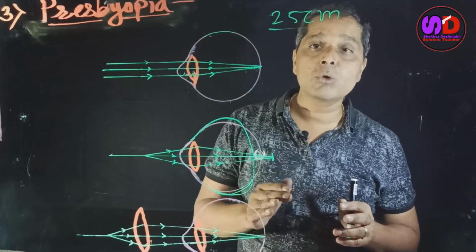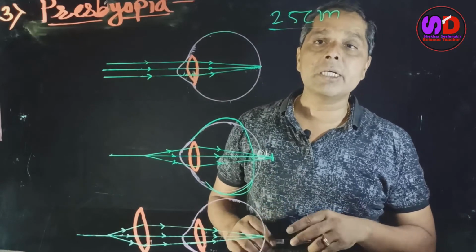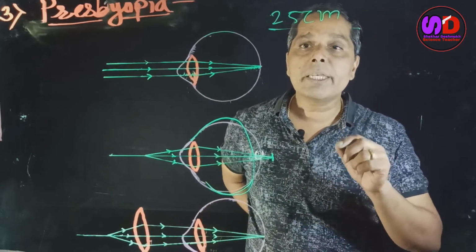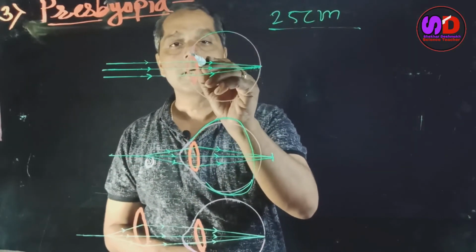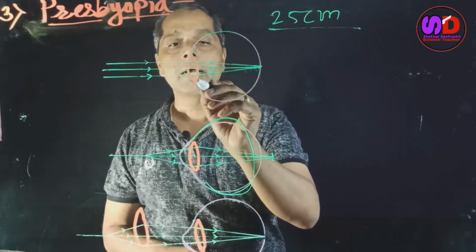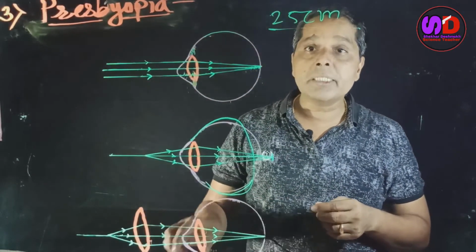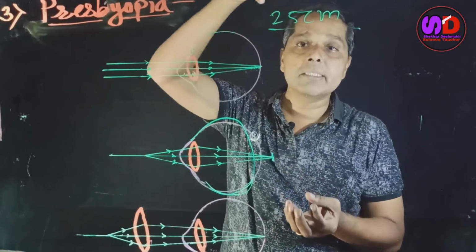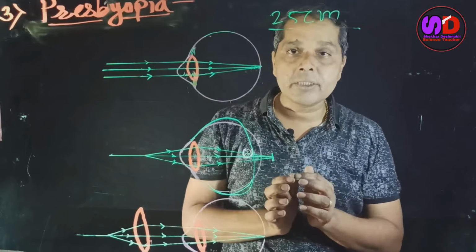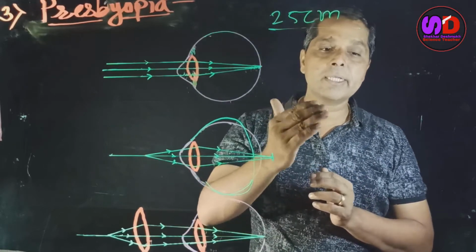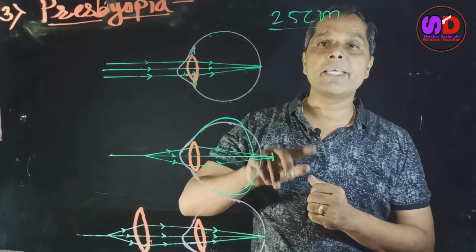Hypermetropia is due to some refractive defect, but presbyopia is just due to the weakening of ciliary muscles. Ciliary muscles are the muscles present here, and these muscles can change the shape of the lens. Due to the weakening of these muscles with age, the person cannot see nearby objects, and therefore it is called presbyopia.